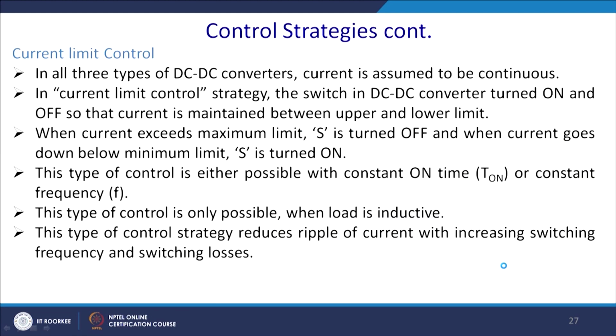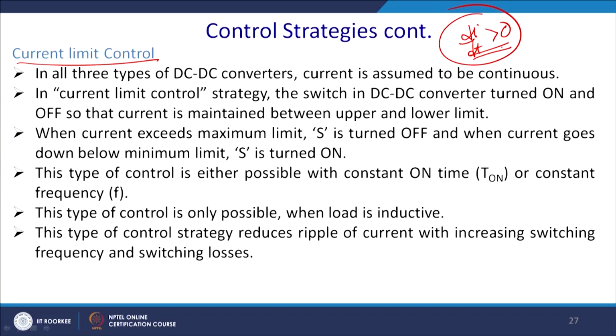Now, we come to another control strategy, that is called the current limit control. Please note that you got dI/dt, which is positive in case of the boost converter. So, current is ramping on. In any case, when the switch is on, in all those DC to DC converters we have discussed, current ramps on through the switch.